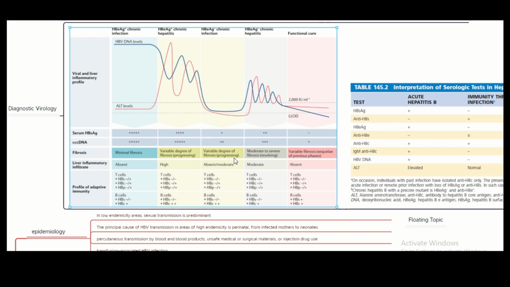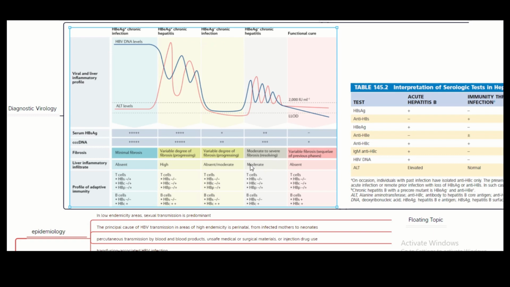The high inflammation is here, even if in the chronic phase. Here, the immune reaction is high enough to cause fibrosis, but not high enough to give us virus elimination. And that's why when we are having this immune activation through the inflammation, we have flares of DNA and ALT at the same time.